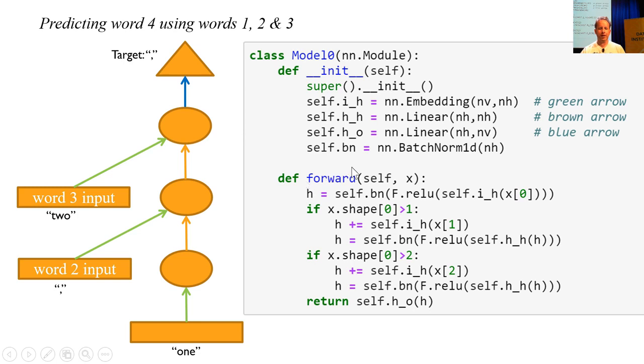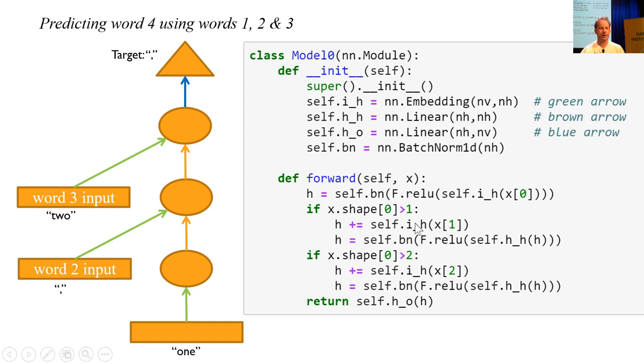And so then in the forward pass, we take our first input, x0, and put it through input to hidden, the green arrow, to create our first set of activations, which we call H. Assuming that there is a second word, because sometimes we might be at the end of a batch where there isn't a second word, then we would add to H the result of x1 put through the green arrow.